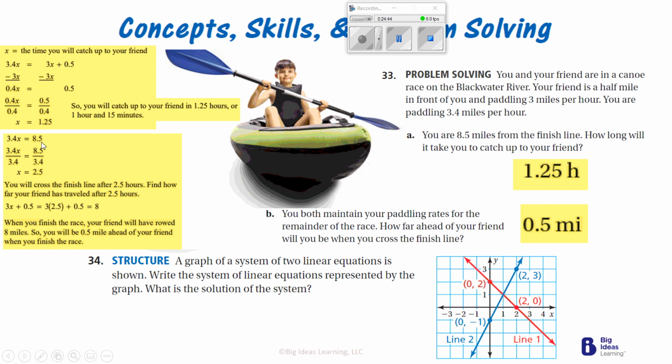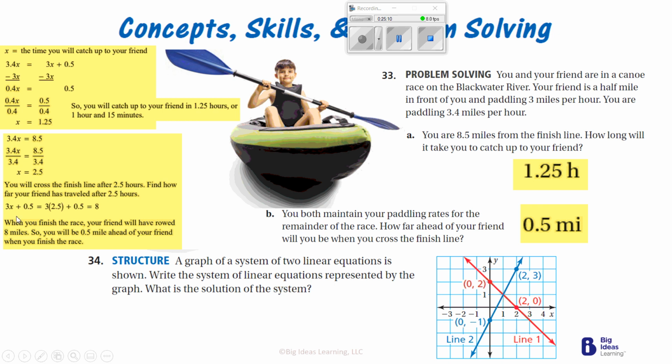And you're paddling 3.5x miles per hour, set it equal to 8.5, and when you divide by 3.5, you're going to get 2.5. Now you're going to cross the finish line after 2.5 hours, okay? And find out how far your friend has traveled after 2.5 hours.